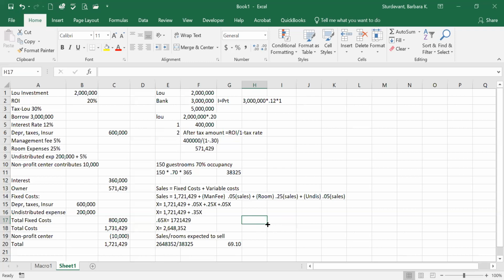I'm used to ADR calculations only being on room sales, so if profit came from a non-room profit center, normally it wouldn't affect room revenue in my experience. But this isn't the real world. I appreciate that. I'm trying to turn off things I've learned in other places to follow what you're doing. So I just wanted to be clear that we're just taking the total sales for the calculation here. Okay, thank you.